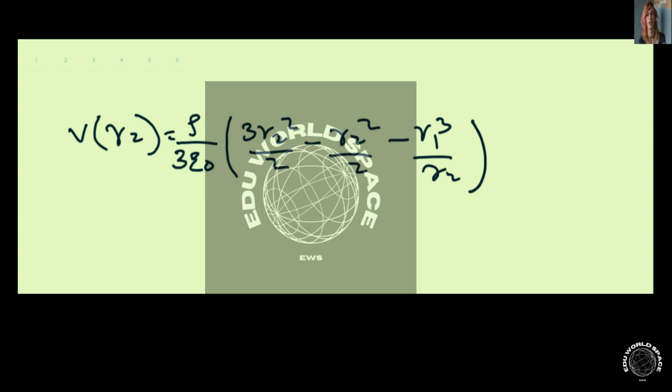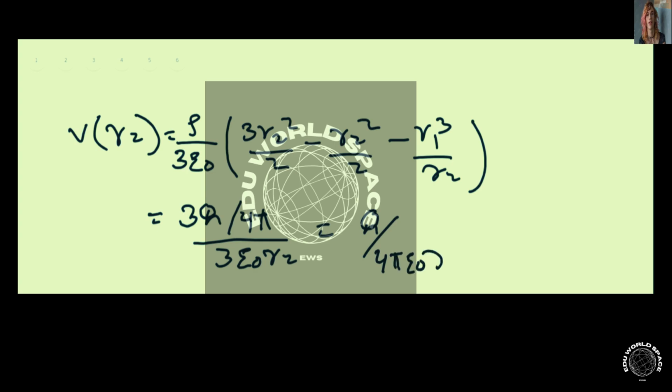Further simplifying, we get 3Q divided by 4 pi divided by 3 epsilon times R2. Further simplifying, we get V of R2 is Q divided by 4 pi epsilon times R2. So the solutions agree at R is equal to R1 and at R is equal to R2.